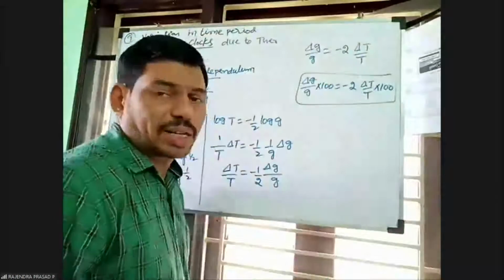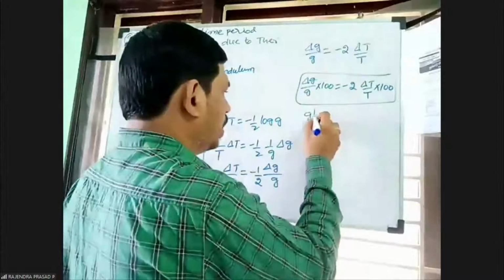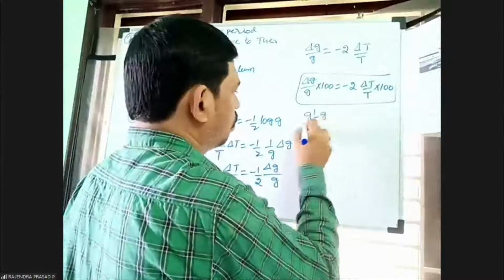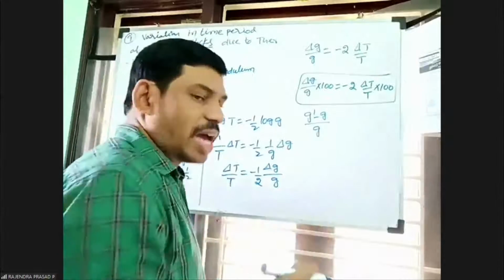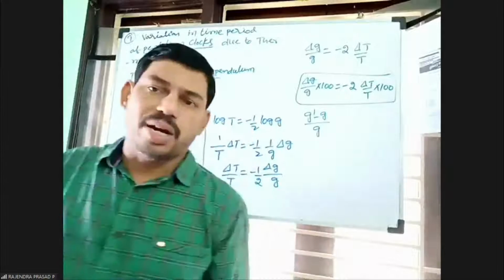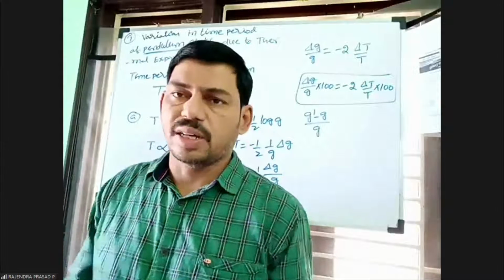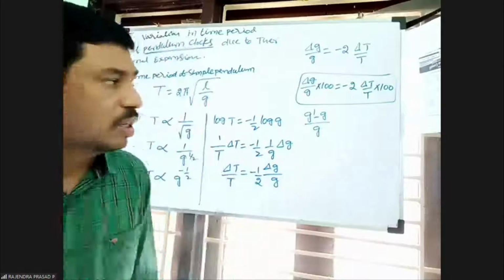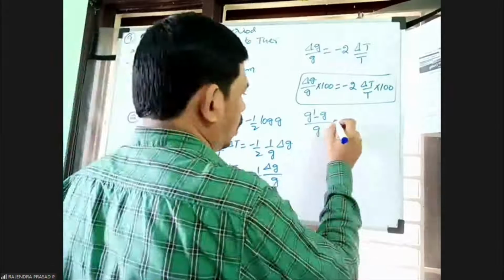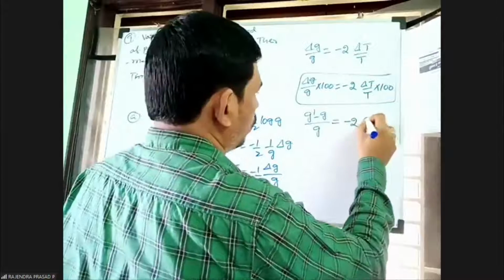What is delta G? G dash minus G by G. G is the acceleration due to gravity, 9.8 standard value. G dash either increases or decreases. So into 100 is equal to minus 2 into delta T by T.